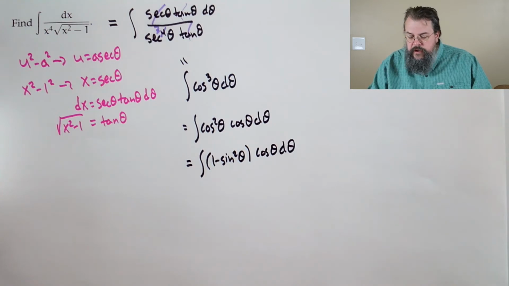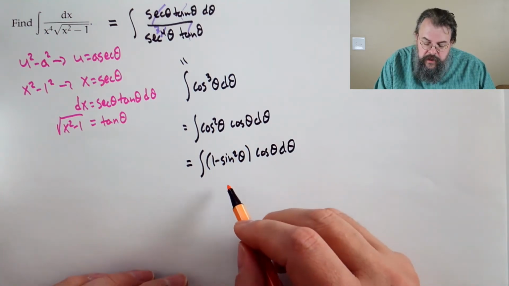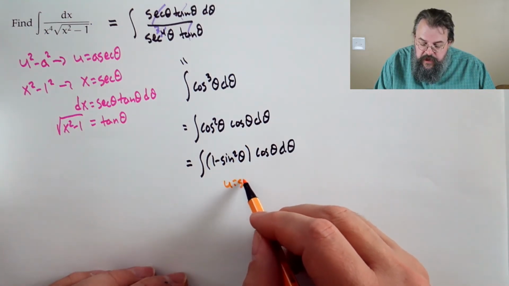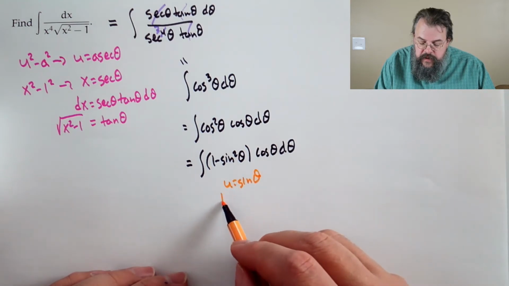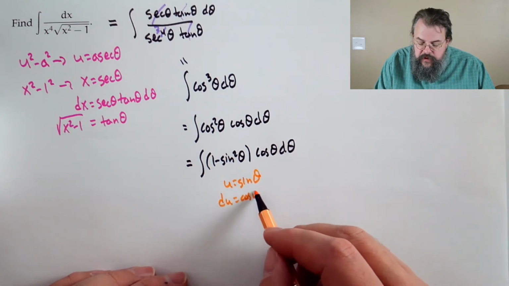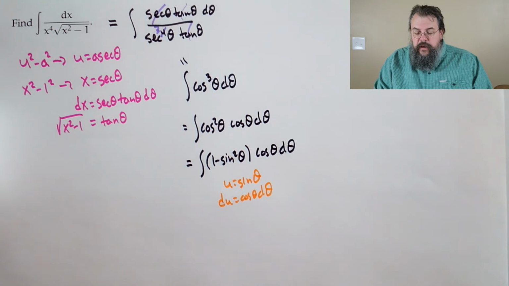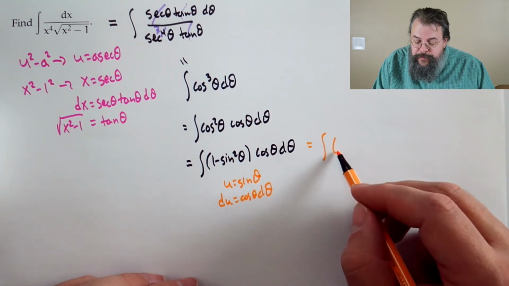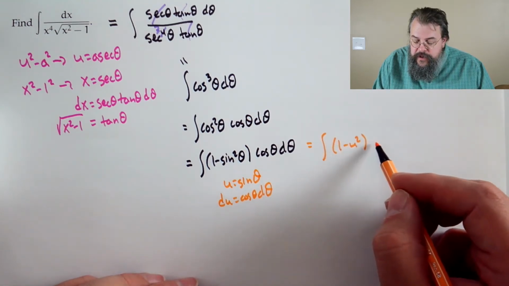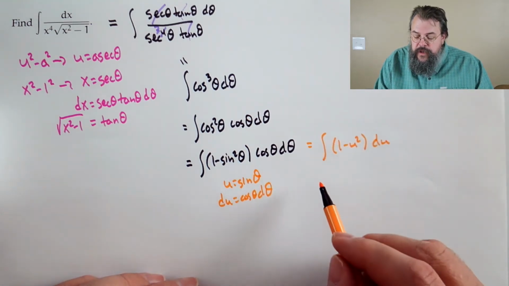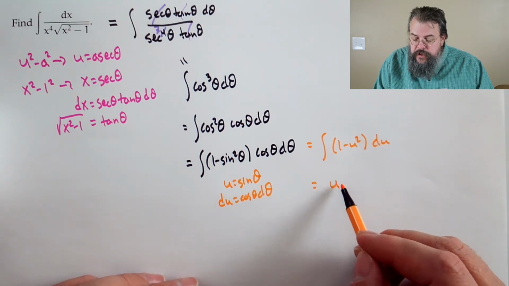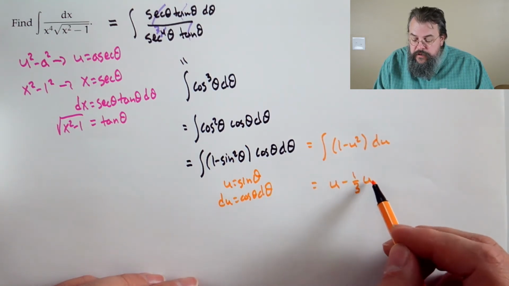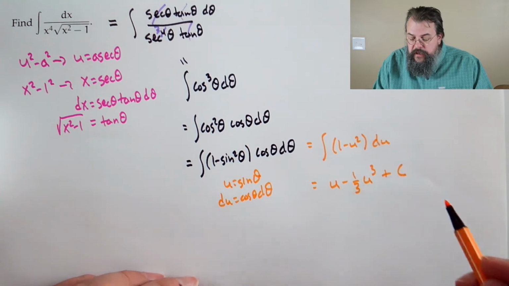Let u equal sine, then du is cosine. And, aha, perfect. So this is the integral of 1 minus u squared du, which is u minus 1/3 u cubed plus c.